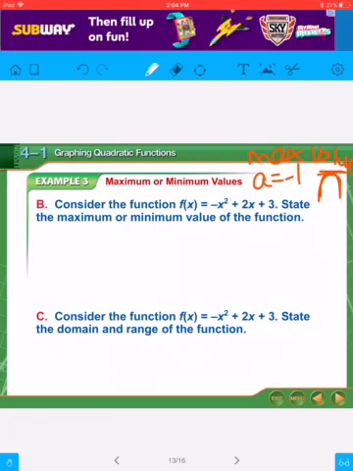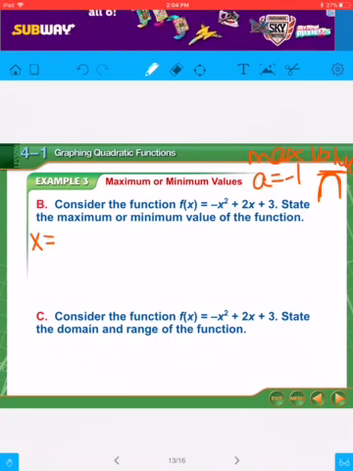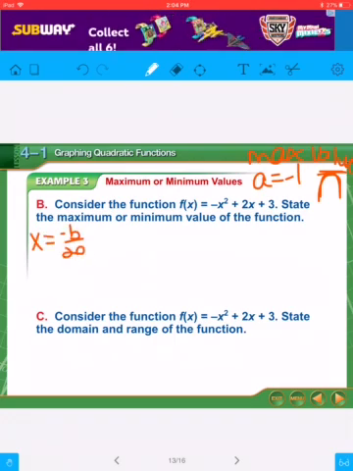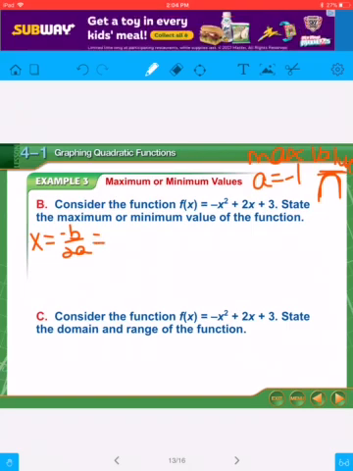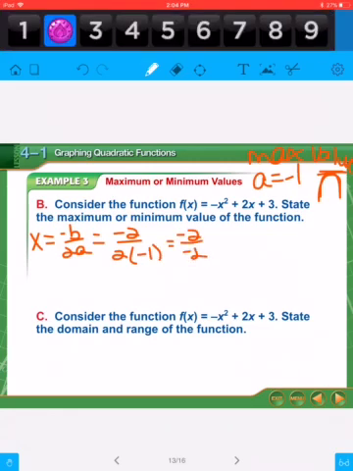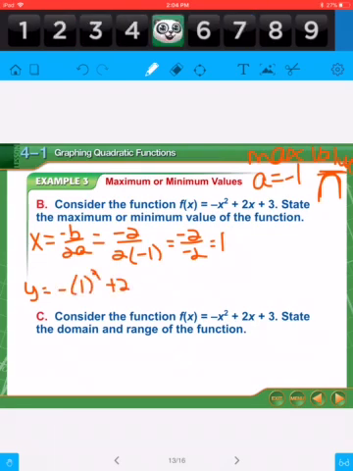So to find our vertex, we have that x equals negative b over 2a. So b is 2, so negative 2 over 2 times a is negative 1. So I have negative 2 over negative 2, which is positive 1. So now I need to find the y of my vertex. So I have negative 1 squared plus 2 times 1 plus 3.